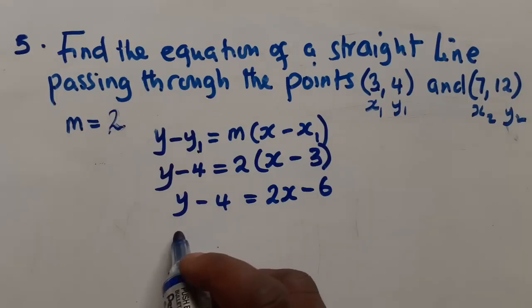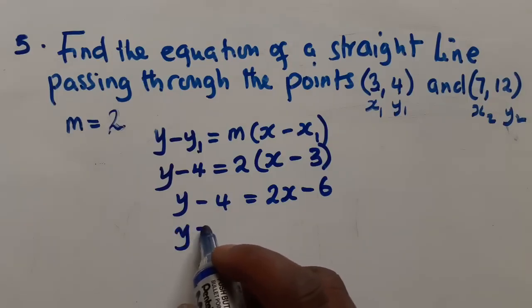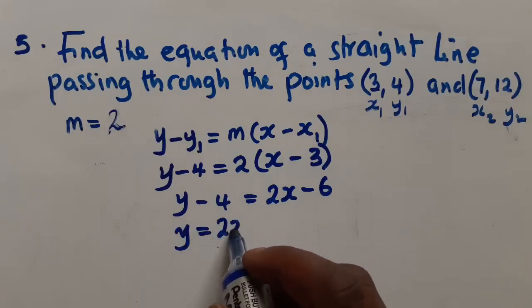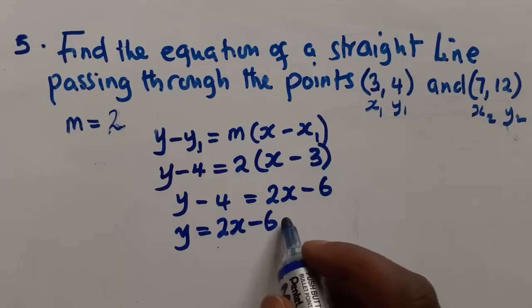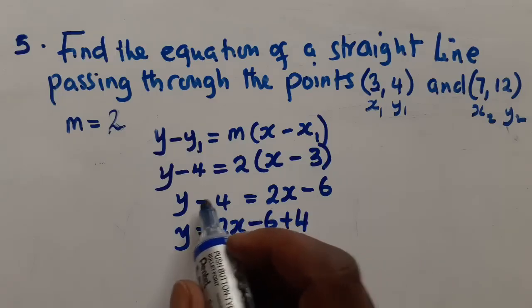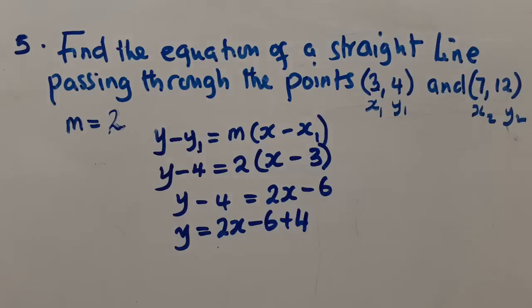So at this point, we can go on and say y is equal to 2x minus 6 plus 4. This 4, we bring it to the other side. Then we say y is equal to 2x minus 2. All right. This is what we are going to get as our equation.